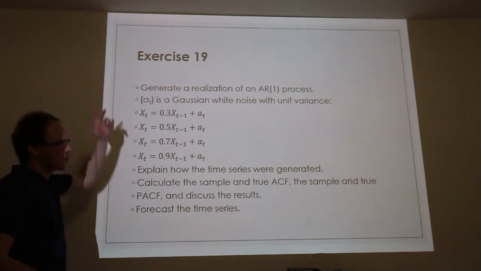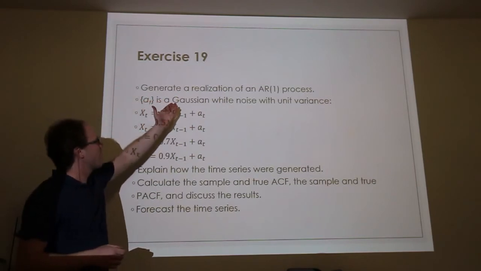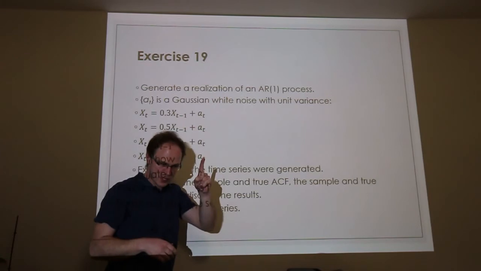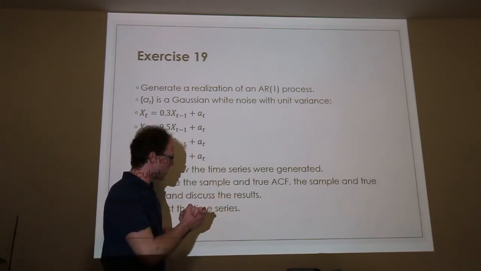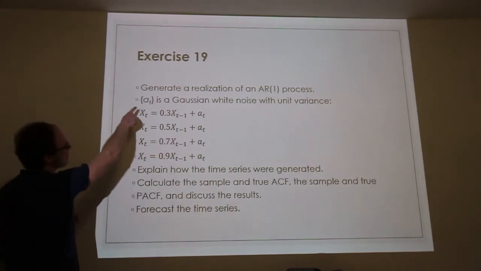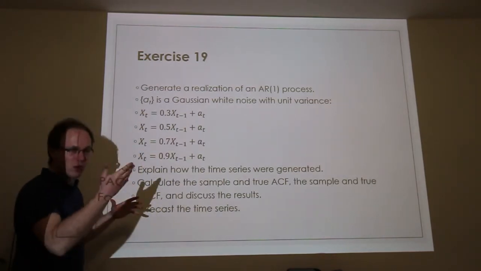So there is exercise 19. We will generate a realization of an autoregressive process of the first order. a_t is a Gaussian white noise with unit variance.